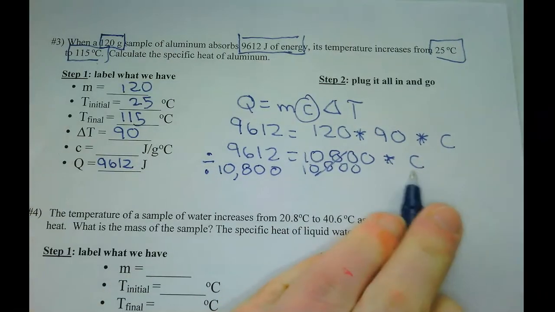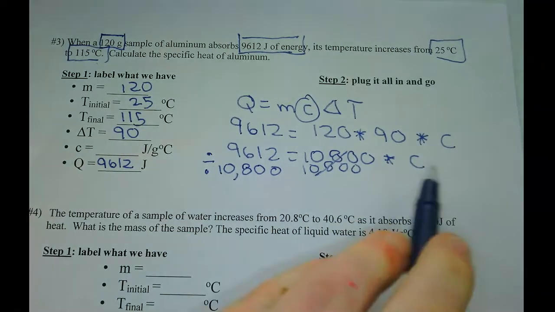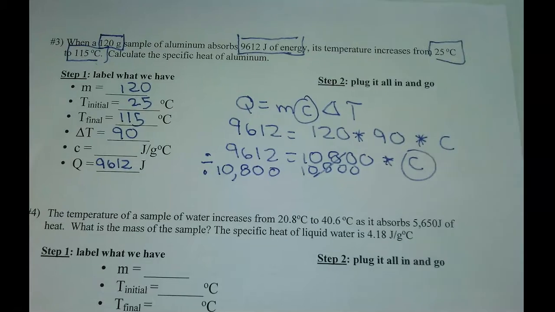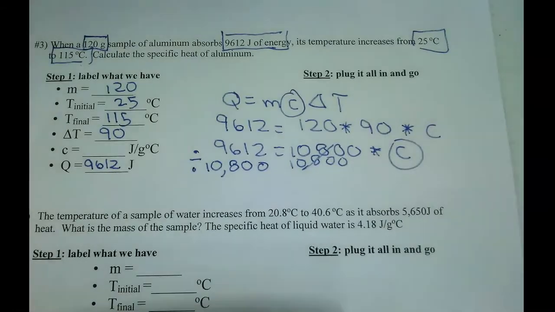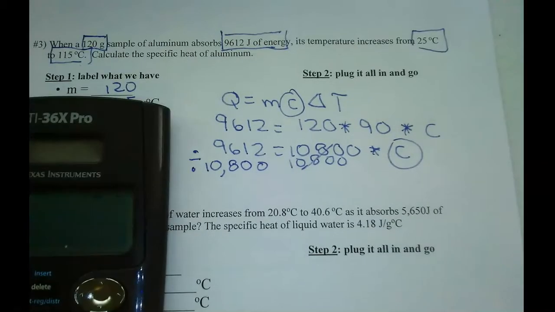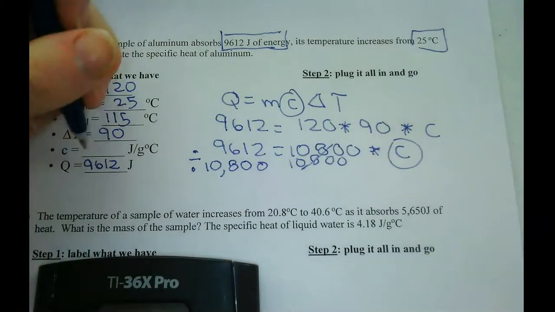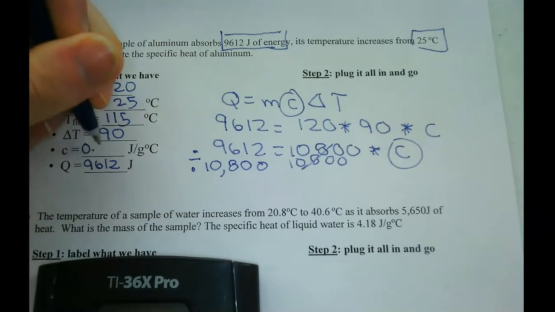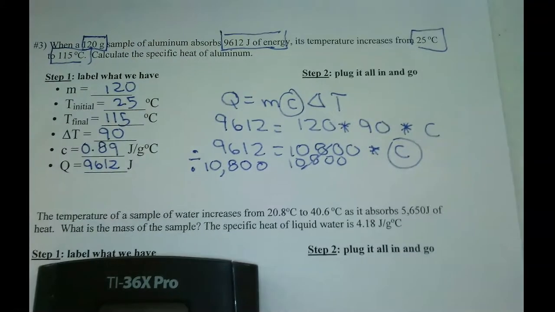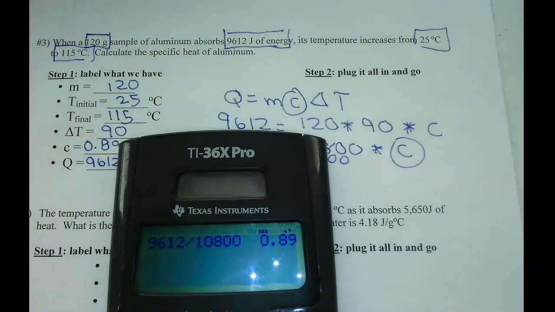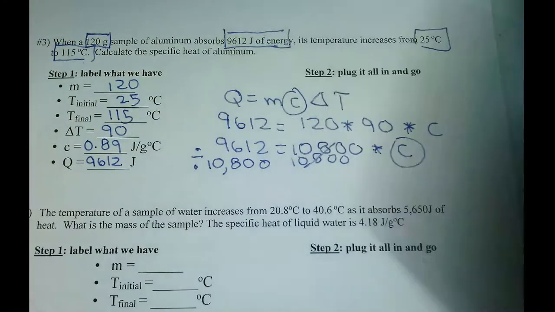So if I divide these two, I'm going to be able to solve for C. So into the calculator, I'm going to write 9,612 divided by 10,800, and that is going to equal 0.89.